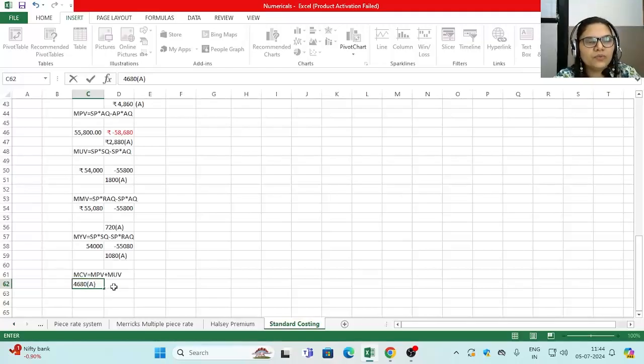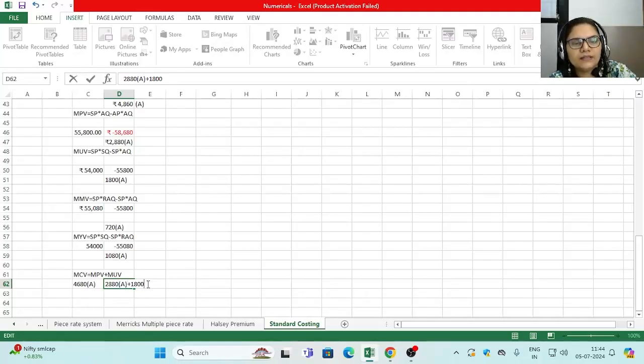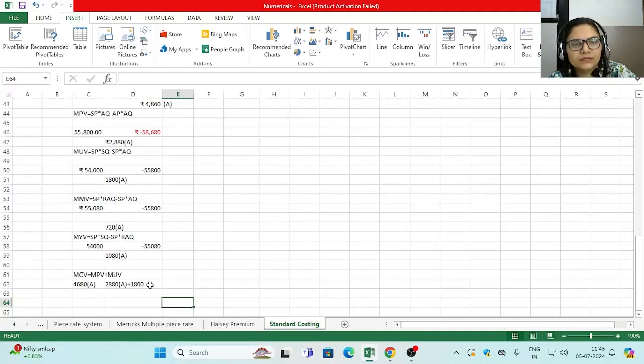and we know material price variance is 2880 plus, they all are adverse, and 1800. This is adverse and this is also adverse.